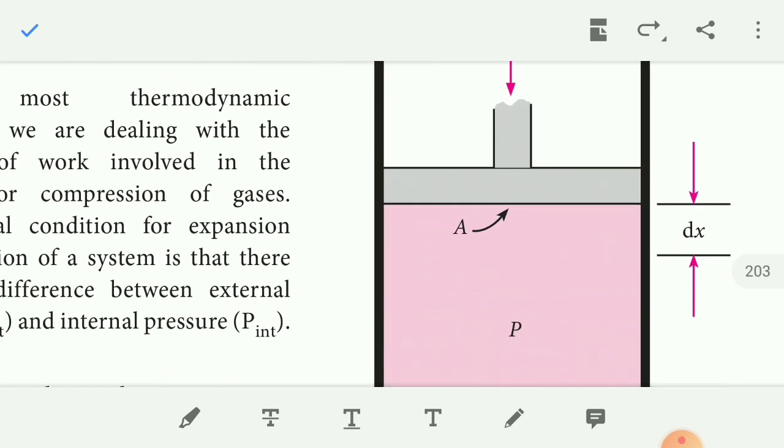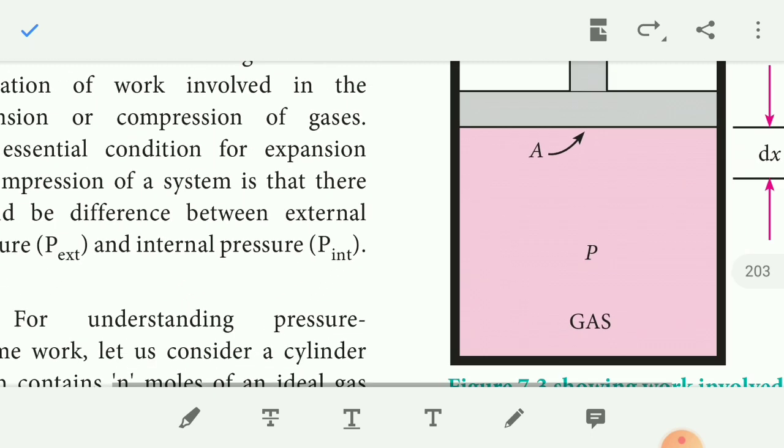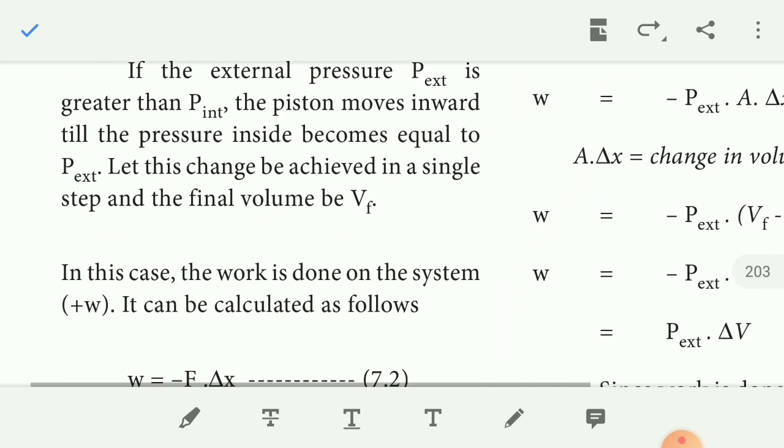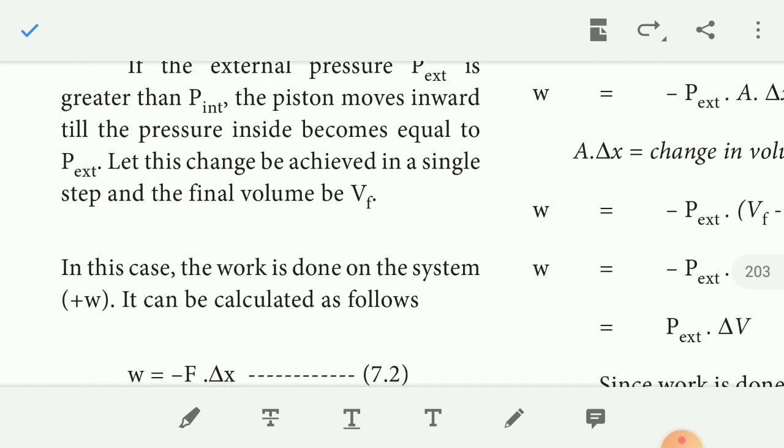We achieve this in a single step with a final volume V_f. So in this case, work is done on the system. Work on the system means plus W, by the system means minus W. So work on the system is plus W.